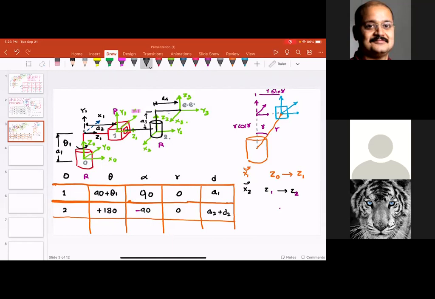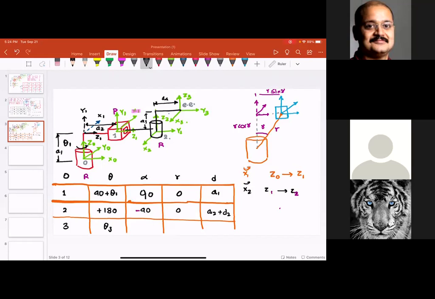Okay. The last point is frame number 3. All right. So tell me about theta 3, positive or negative? You're pointing out my mistakes, right? Tell me, theta 3, positive or negative? So theta 3.